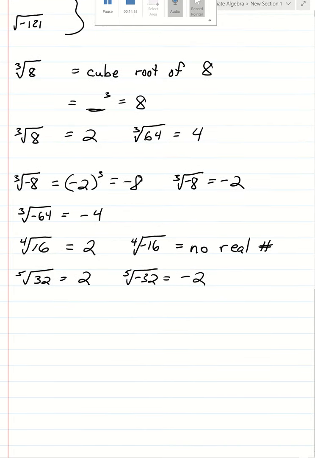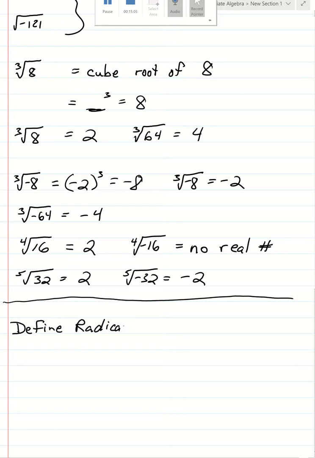So a few observations here that we can make. Once again, let's define our radical. The radical is made up of your root index as well as your radicand.